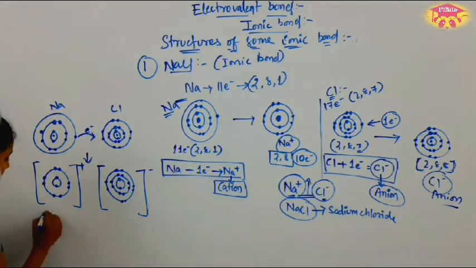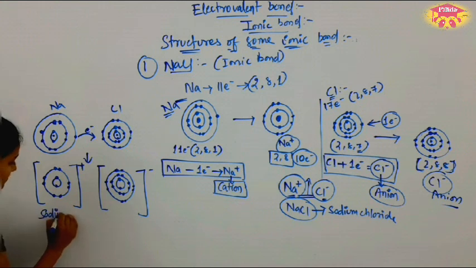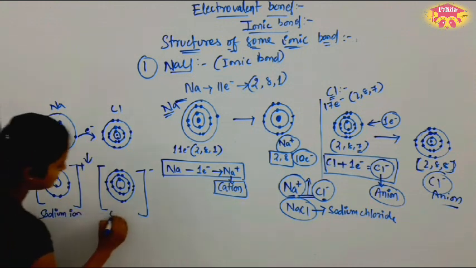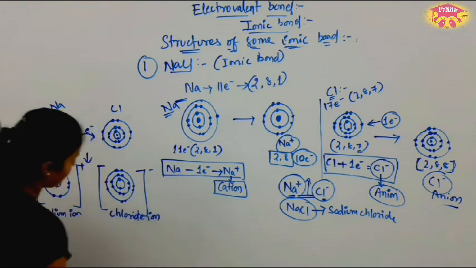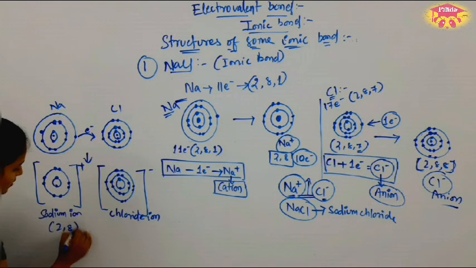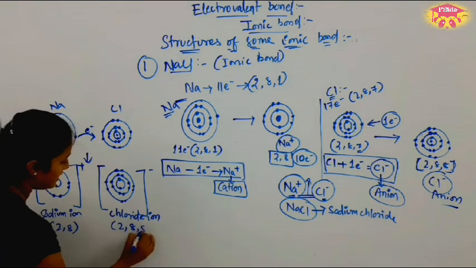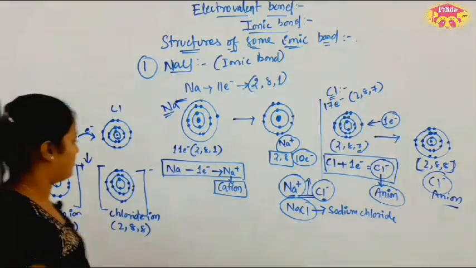Okay, this is the sodium ion and this is the chloride ion, containing 2, 8 electrons here, and here it contains 2, 8, 8 electrons.